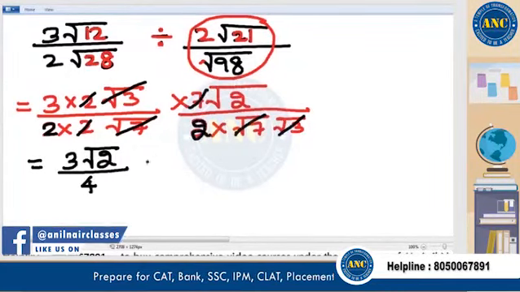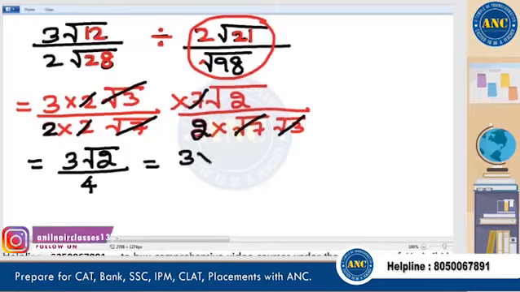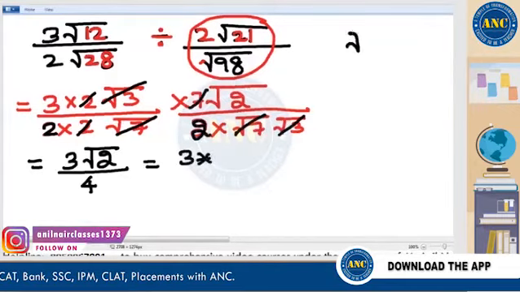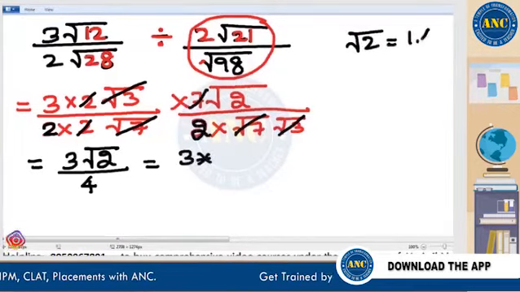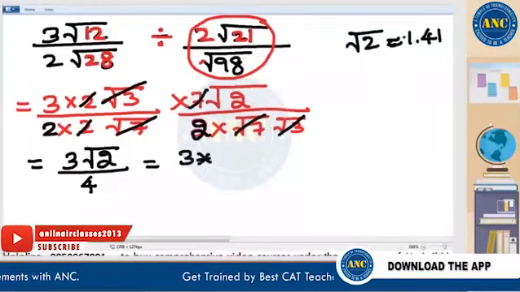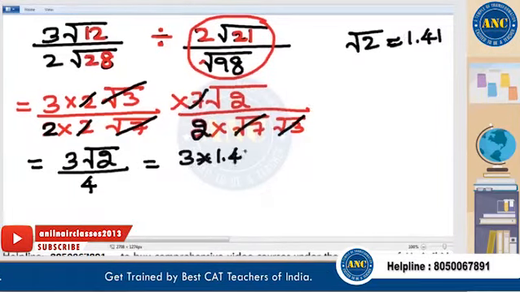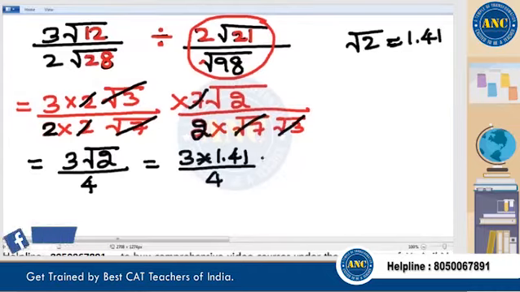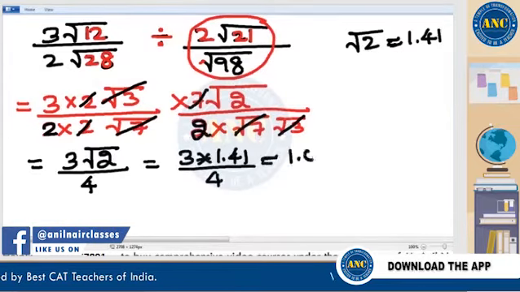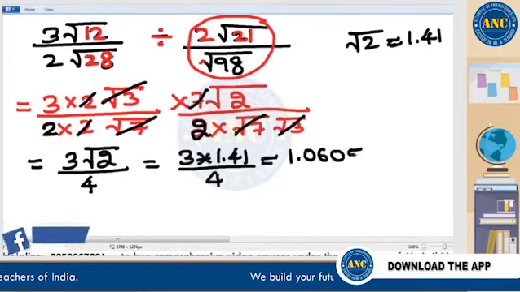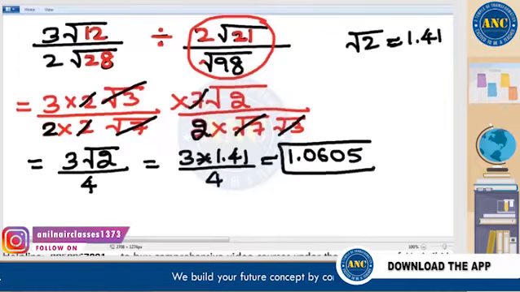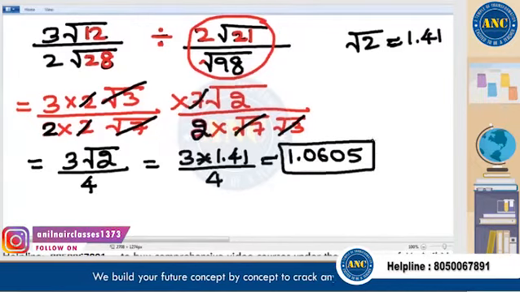If I further simplify, the value of root 2 is approximately 1.41. 3 into 1.41 divided by 4. The answer is approximately equal to 1.0605.